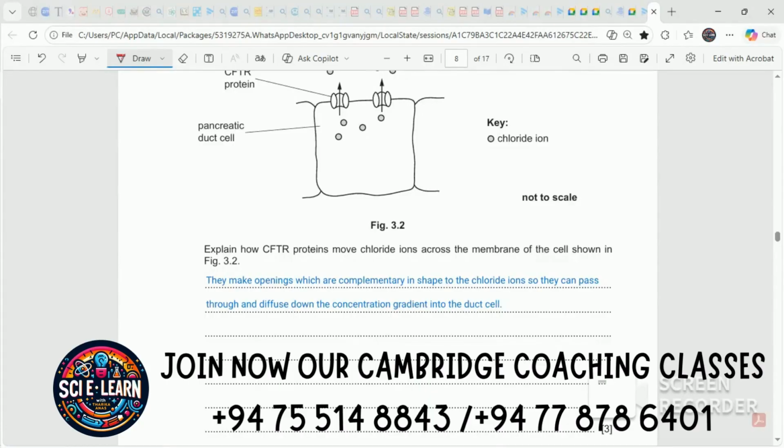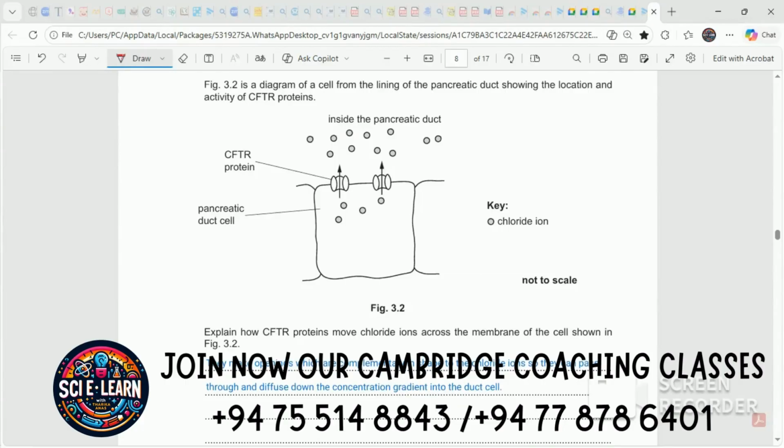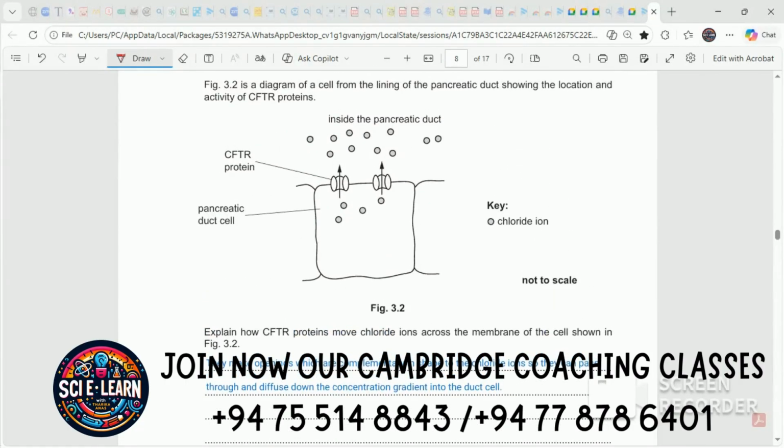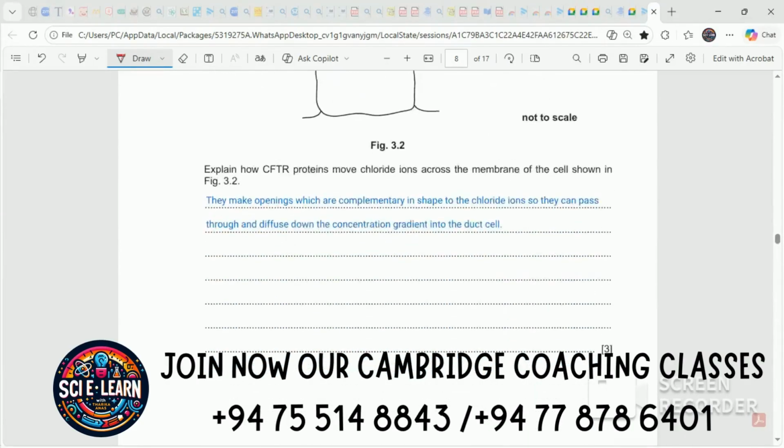They make openings which are complementary in shape to the chloride ions, so they can pass through and diffuse down the concentration gradient into the duct cell. Okay, so you have written this based on the protein molecule which transports chloride and sodium.